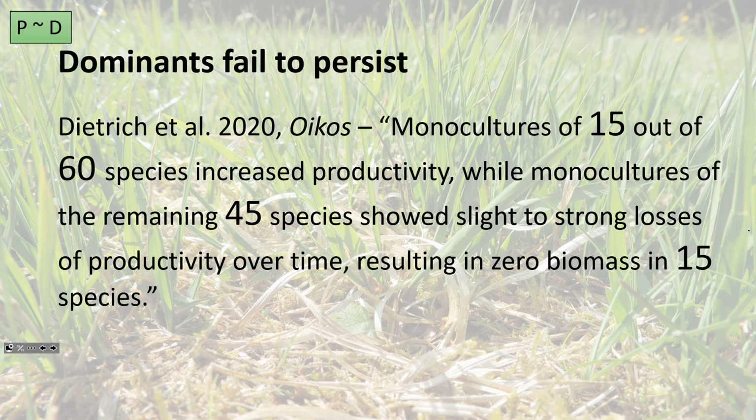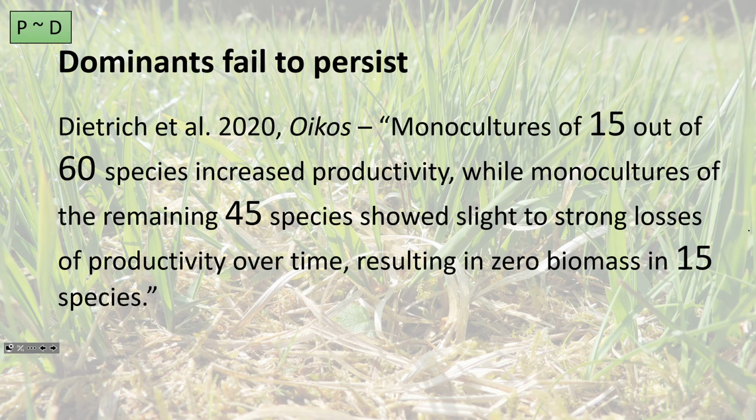Fine, this is what we would expect for all of them. If you remove all species from a community except this one, you would expect that it has a lot of space, no competition, so it will go up. But that's the case only for 15 of them. 45 species are either showing slight losses of their initial productivity or fail completely.